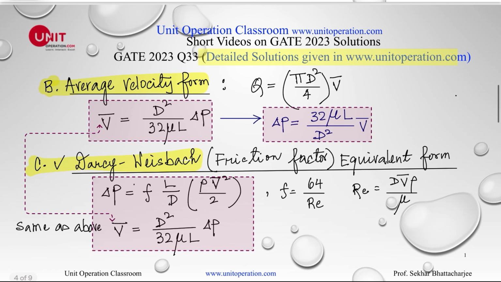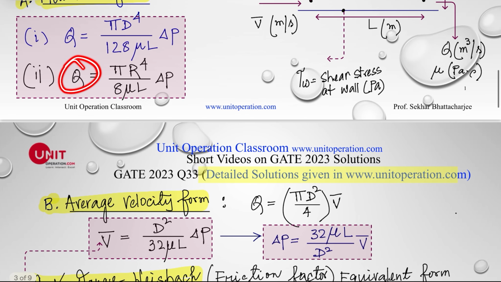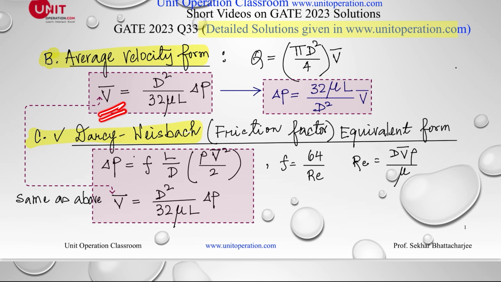Another one you can see is the average velocity form, where instead of Q, we can just write it in terms of the velocity. So this becomes Hagen-Poiseuille's equation in terms of the velocity. If you just take the delta P here, that's the same equation. Then there's the Darcy-Weisbach equation.